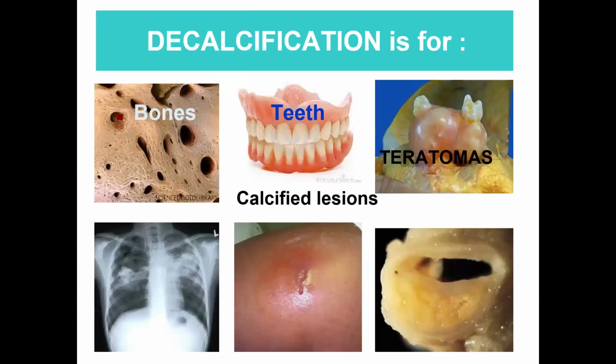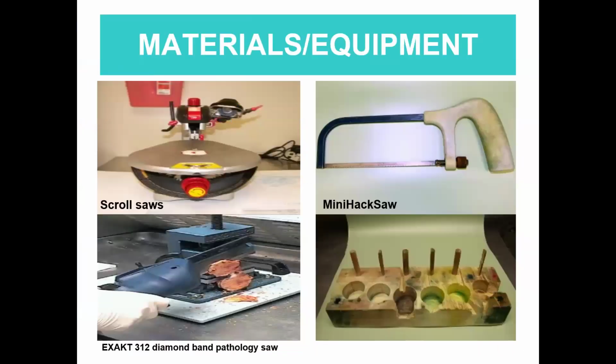These are the tissues that are decalcified: your bones, teeth, pertomas, the PTBs, the atherosclerotic vessels. These are the usual materials cut before decalcifying or before even fixing them.